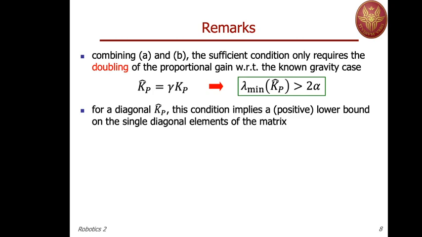So, since everything is diagonal, this implies that the minimum element in the diagonal should be greater than 2 alpha.